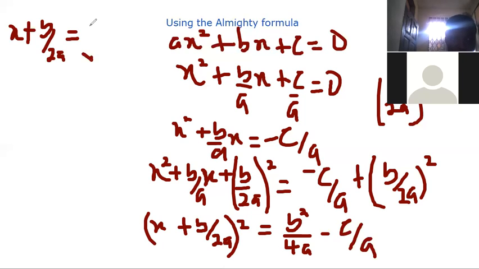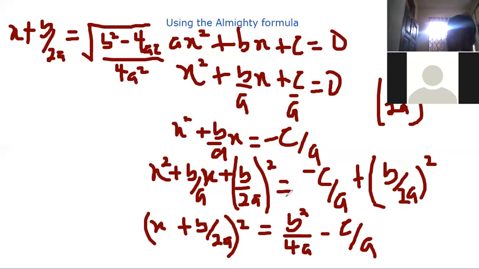So it will be equal to the root of this. And the root of this, when we find the LCM, we are going to get b squared minus 4ac all over 4a squared.